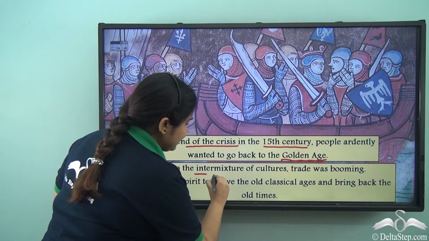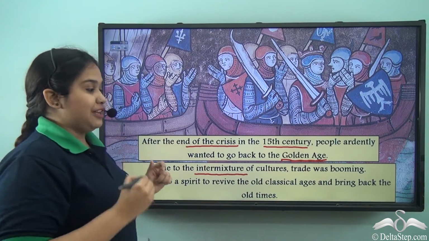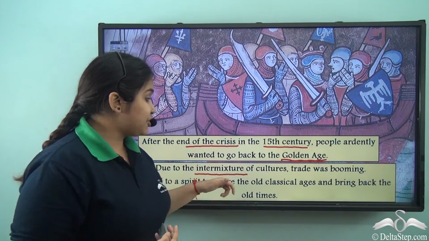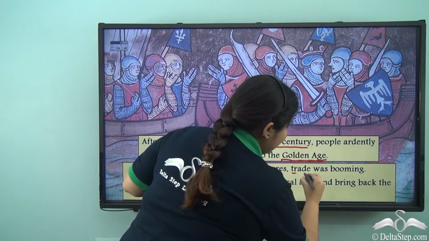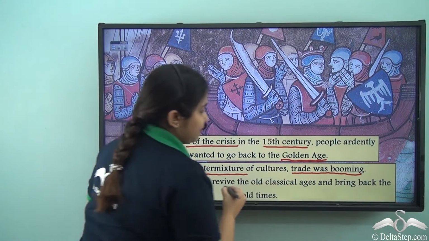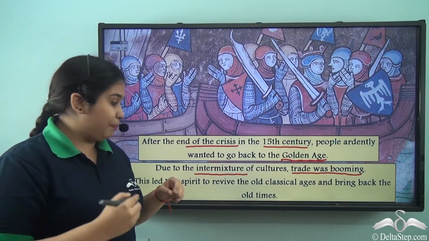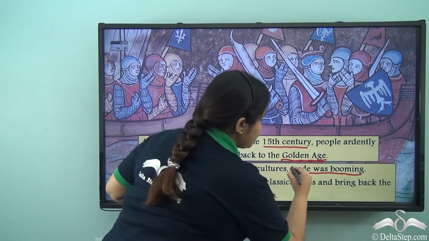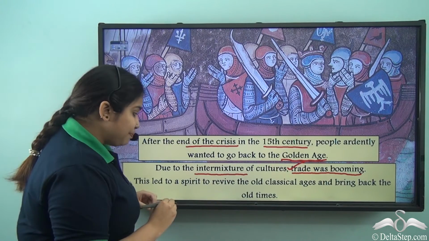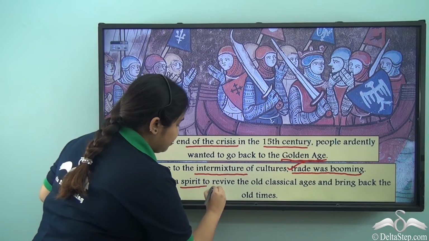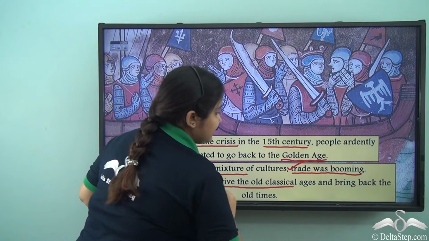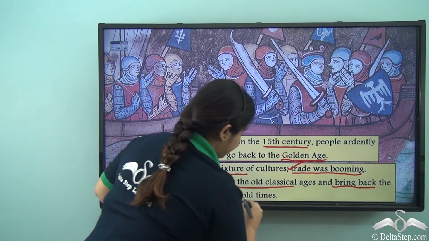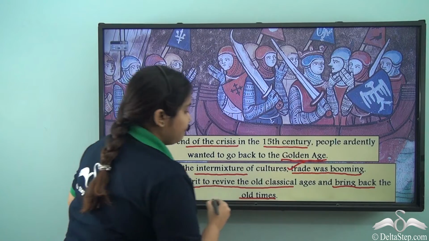Now, due to this intermixture of cultures, because of the migration, trade also was booming. As we saw that the trade routes opened up, and because the focus was also shifting to a secondary occupation, we see that the spirit to revive the old classical ages had already begun.